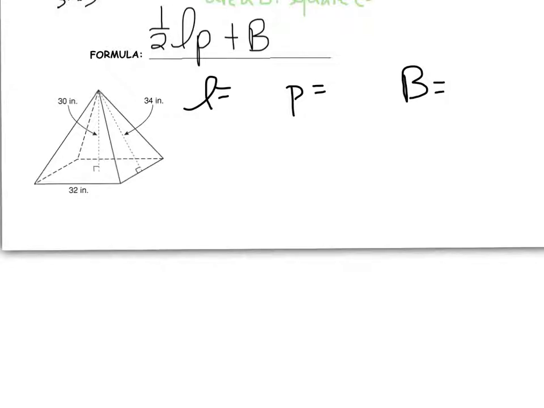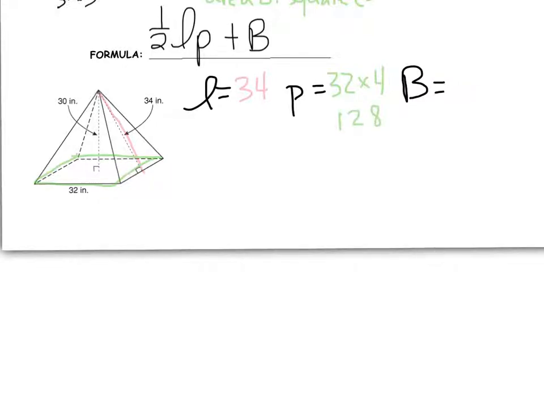It looks like our L is right here on the outside. That's going to be 34. Our P, once again, we're looking at the perimeter of the square, the bottom. So that's going to be 32 times 4, because there are 4 sides. And 32 times 4 is going to give you 128.